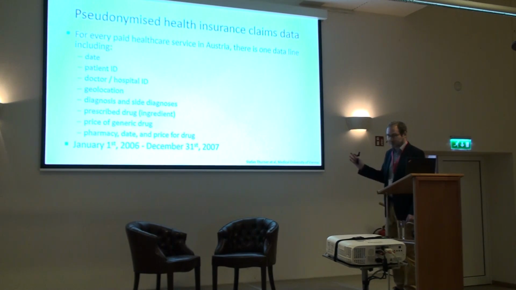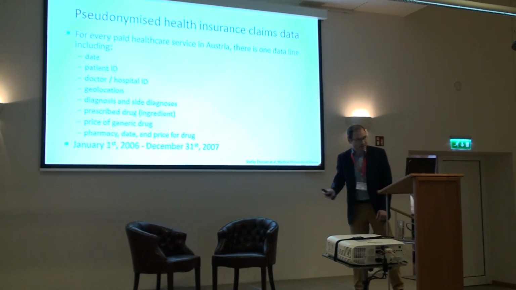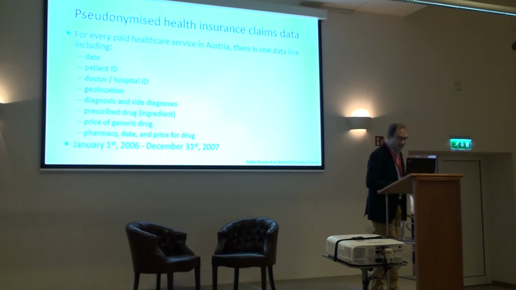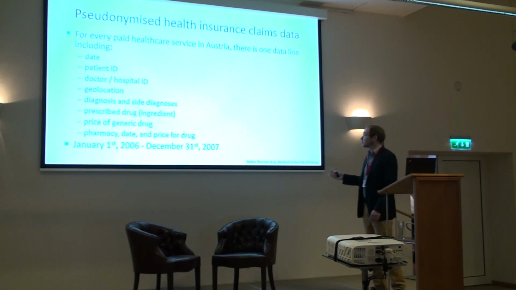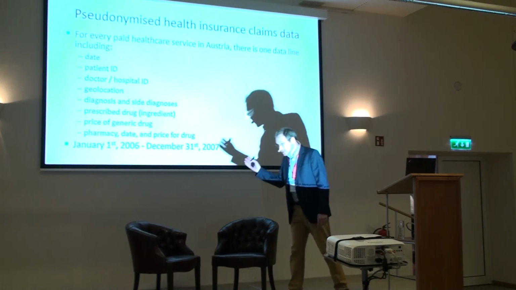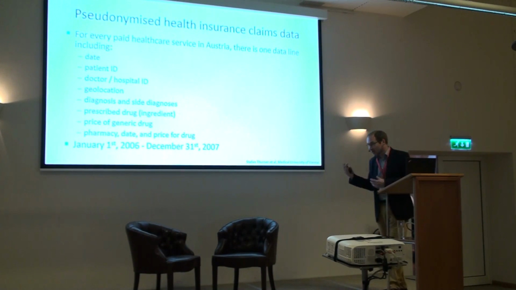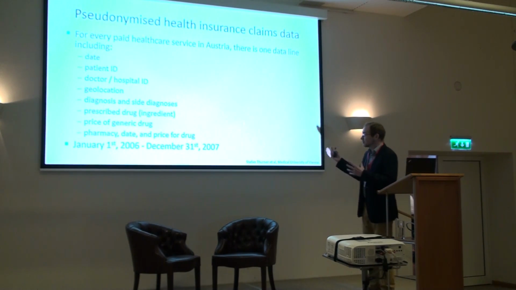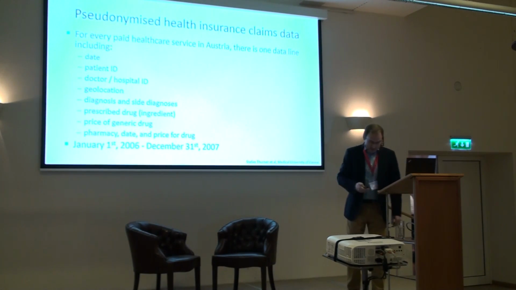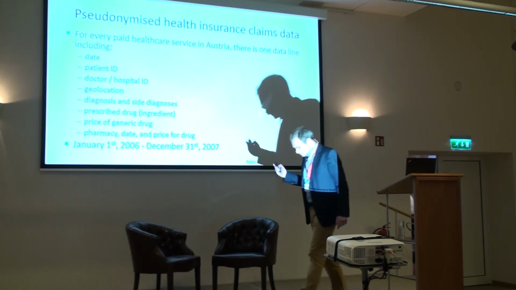So in every line, well-defined, there is the date, the patient ID, anonymized, which doctor or hospital it was, where this is, what the diagnosis was, what the side diagnosis was, which medication was prescribed, which pharmacy he got the medication from, which date, and so on. So a nice data set.